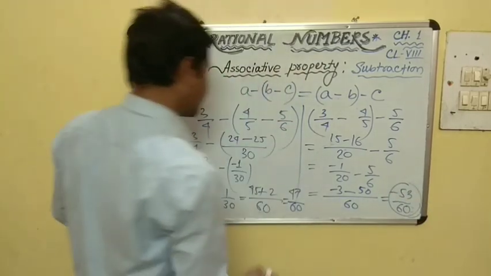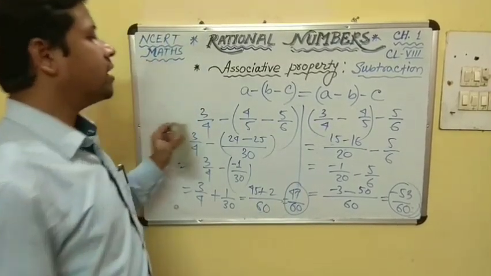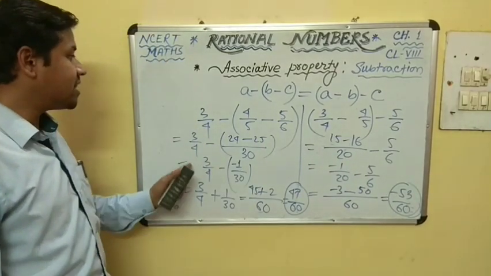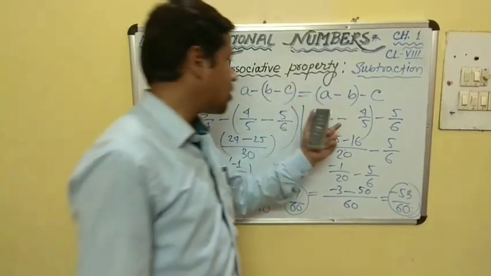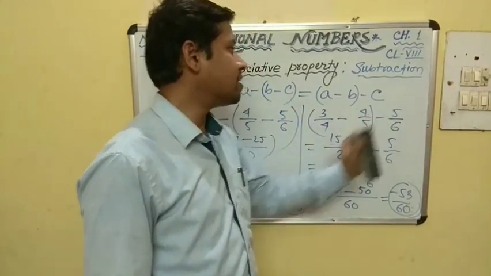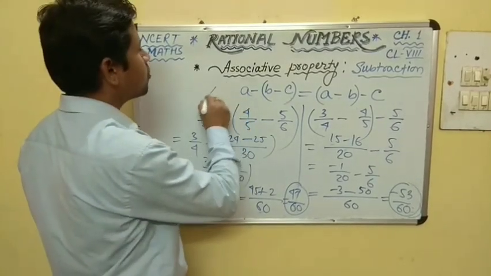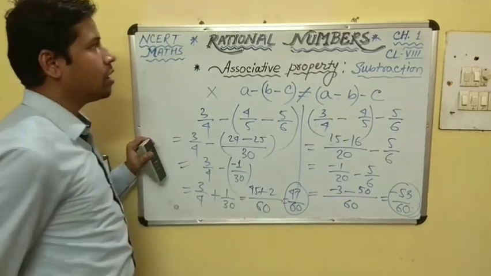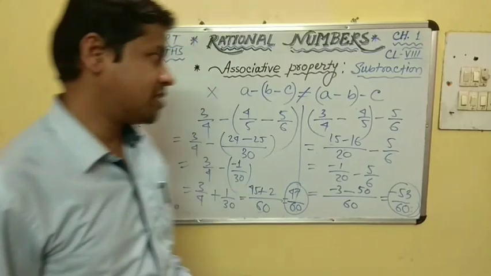Here in both cases the results are different. That means they are not equal. We have seen that (a minus b) minus c is not equal to a minus (b minus c). In the case of subtraction, rational numbers are not satisfying this. That means rational numbers are not associative under subtraction, we can say.